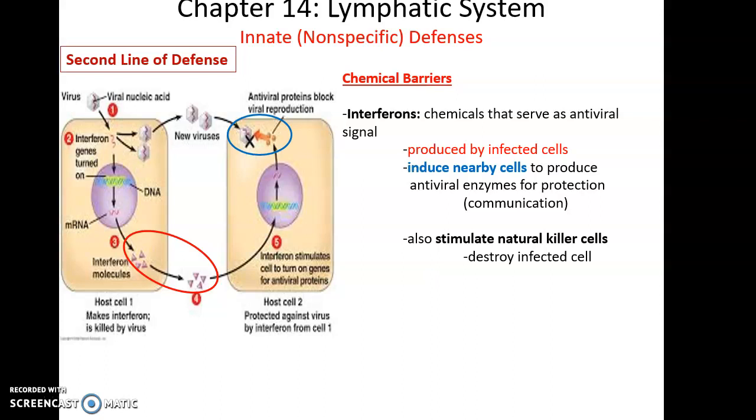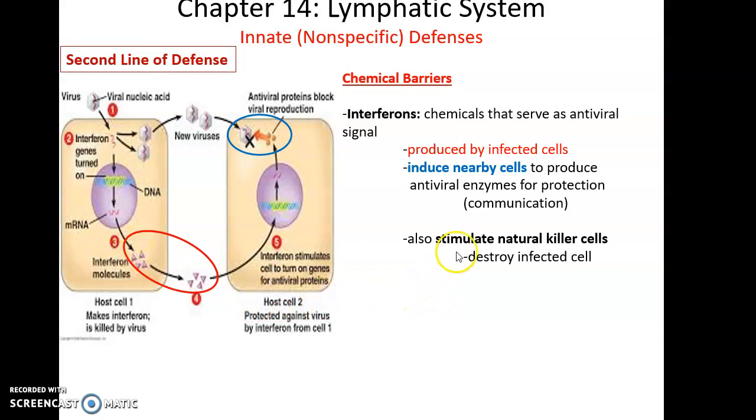And then those neighboring cells can start producing antiviral enzymes to protect themselves. So this is sort of a kind of communication. One cell got infected by a virus, it's lost, it's going to die, it is sad, but it also sends out interferons to say, hey, everybody, danger, danger, and the other cells can then try to stimulate protective mechanisms to keep themselves safe.